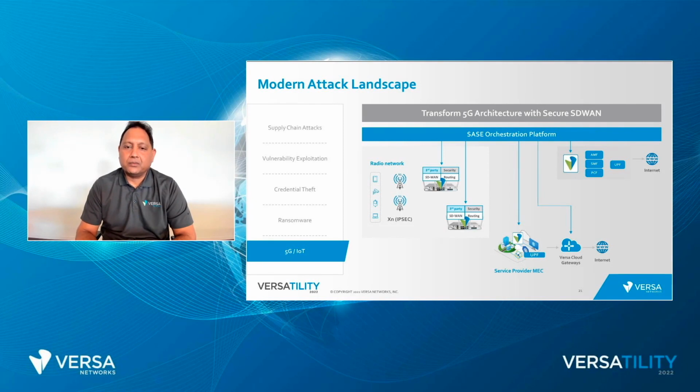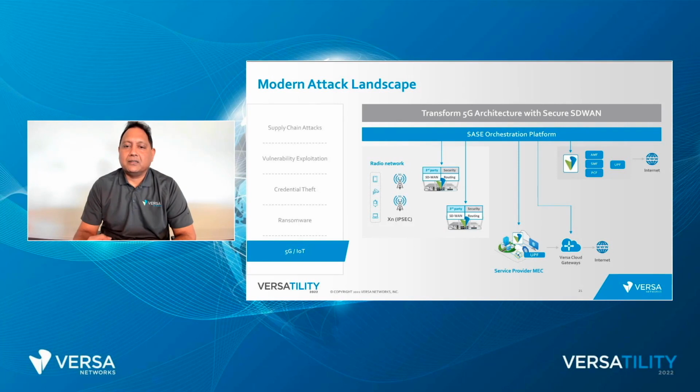We can also deploy security at the mobile edge compute, where edge compute workloads can be run. We can also deploy security at the aggregation points from the radio networks, and at the edge of the network, where this traffic eventually makes its way through and finally accesses the public internet or any kind of cloud resource.